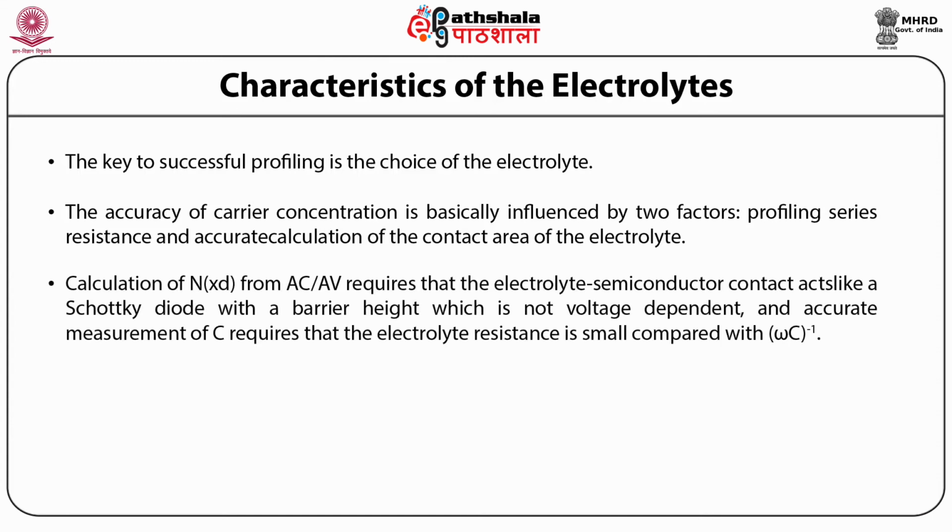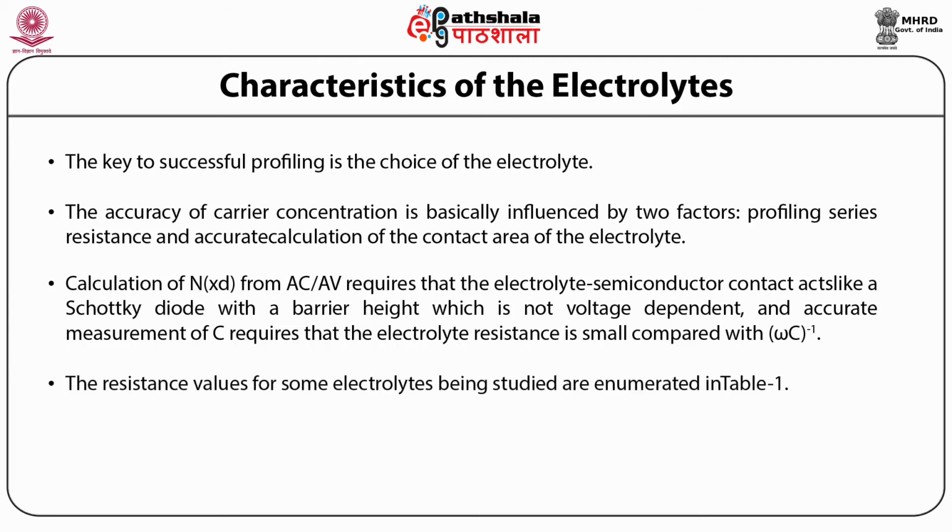Calculation of N versus Xt from Ac divided by Av requires electrolyte semiconductor contacts like a Schottky diode with a barrier height which is not voltage dependent, and accurate measurement of C requires the electrolyte resistance to be small compared with 1 by omega C.